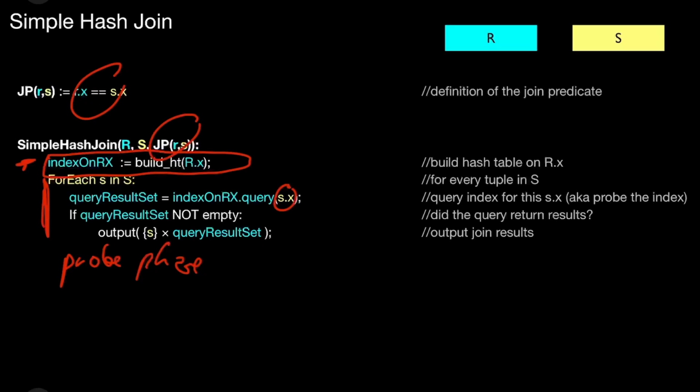So the least thing you should do in the code is to check whether the join predicate is an equality join predicate. And the second is to get the attributes of the equality condition from the join predicate and not hard-code them as on this slide. That's a very important thing to do, something you should write in the code review.